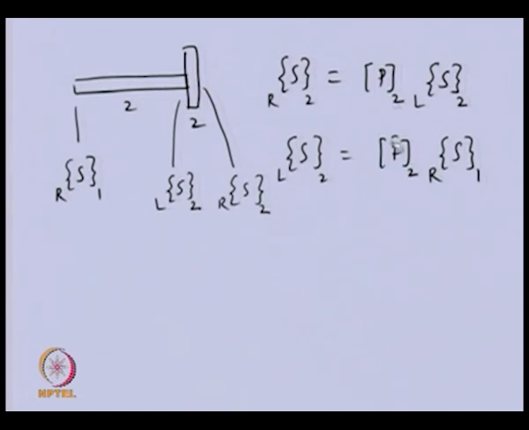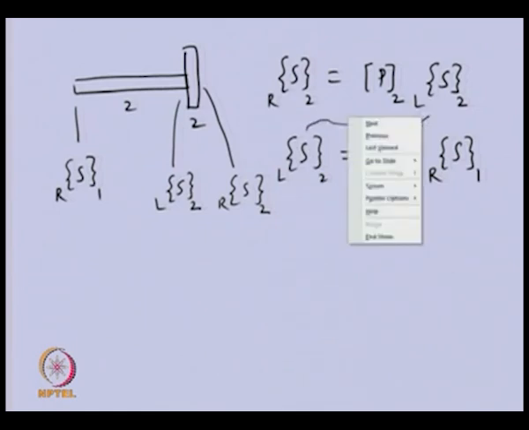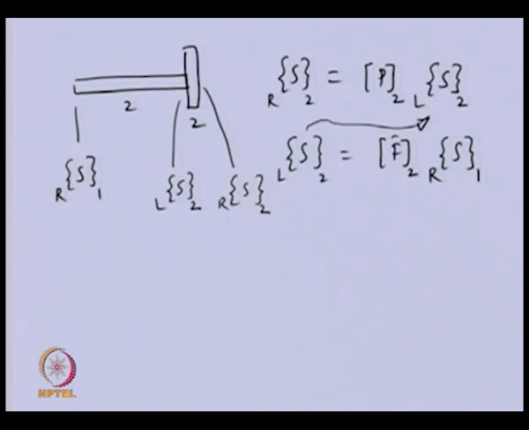These two equations can be combined. We can see that this particular state vector can be substituted here. So, what will we get? We will get state vector right of 2 is equal to P 2, the point matrix for disk 2, into F 2 and the state vector right of 1.